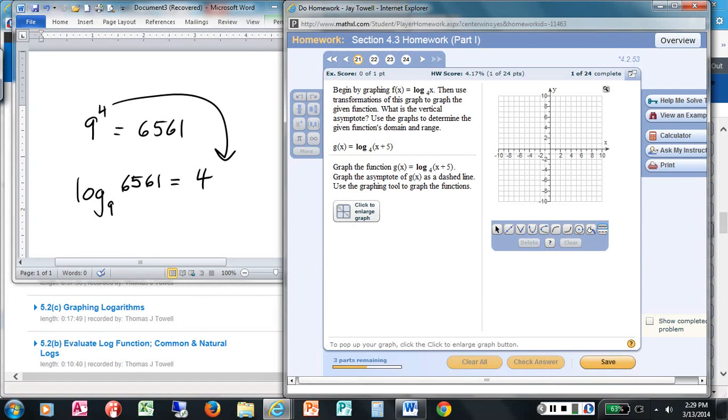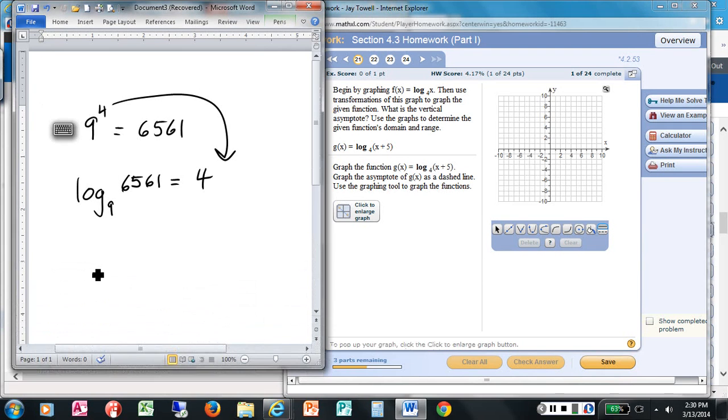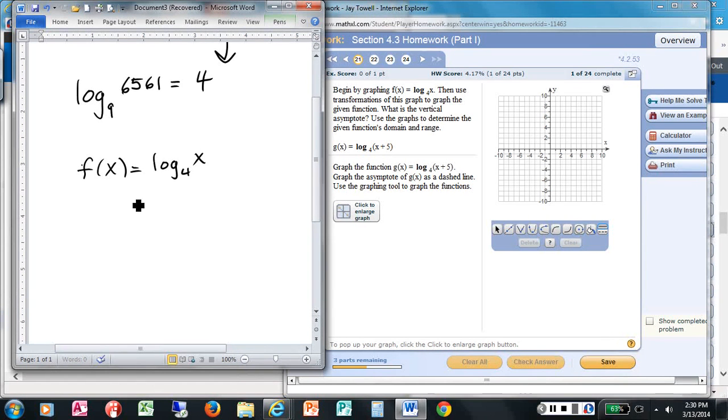Of course, that's going to shift the log base 4 graph, which basically has the shape log base 4. If you graph a few points out, it looks something like that, where that's 1, 0.